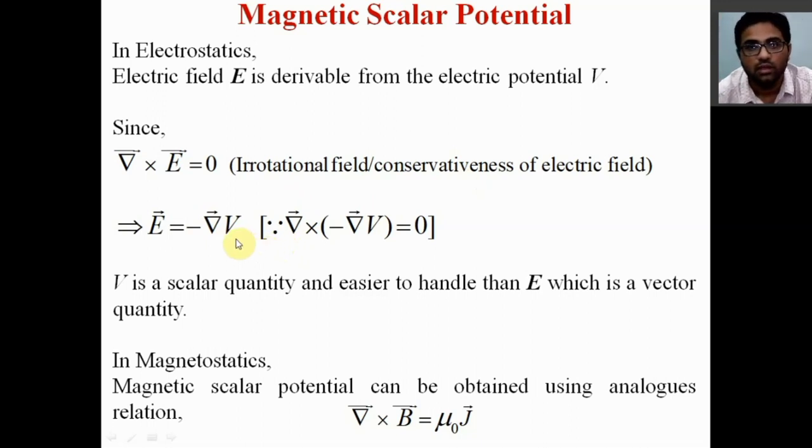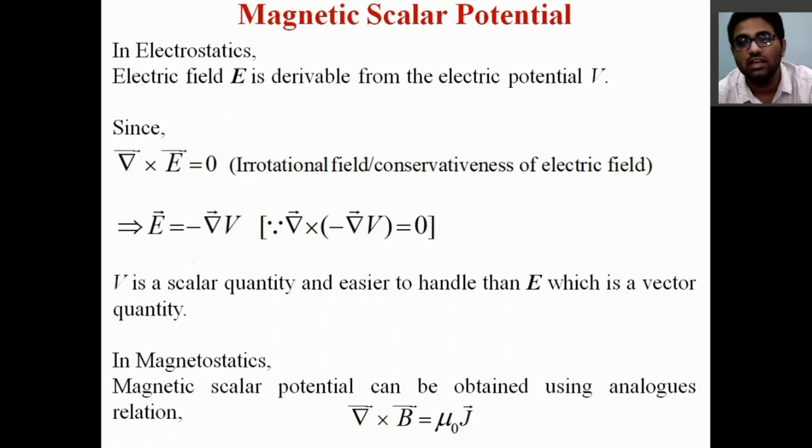The importance of this equation is that the electric potential V is a scalar quantity and it is easier to handle than electric field, because electric field is a vector quantity, so one has to work with magnitude as well as direction.